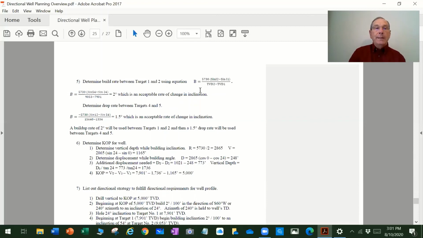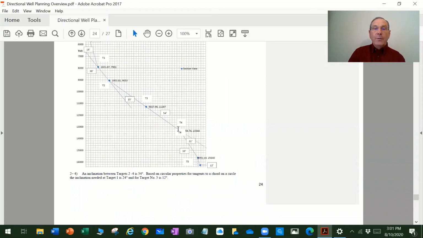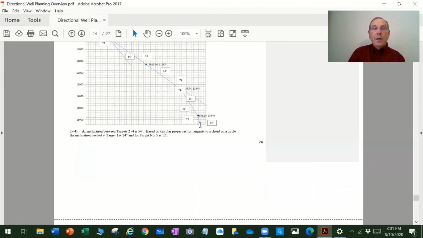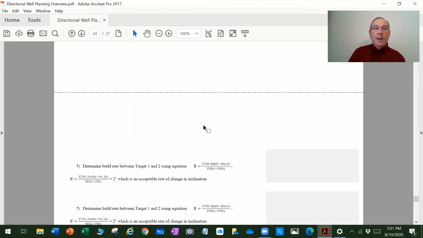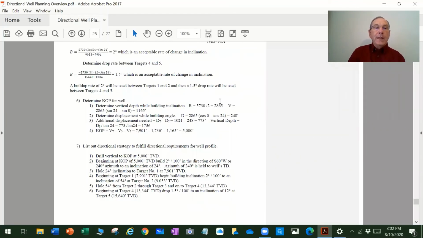Then we need to calculate the drop rate between target number 4 and target number 5. Going through target number 5, we're going to go from 54 degrees down to 12 degrees. So we need a 12-degree angle at the bottom. In order to do that, we use the same equation. We put sine of 12 degrees minus sine of 54 degrees with the change in TVD, and we get 1.5 degrees, which is an acceptable rate of change in inclination between target number 4 and target number 5.